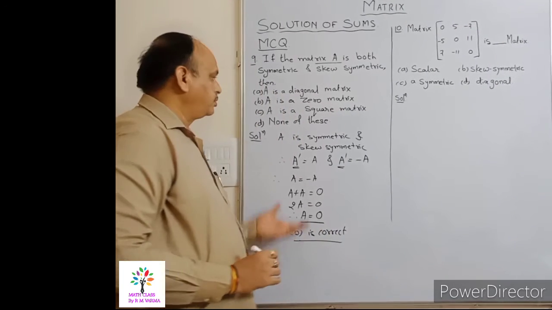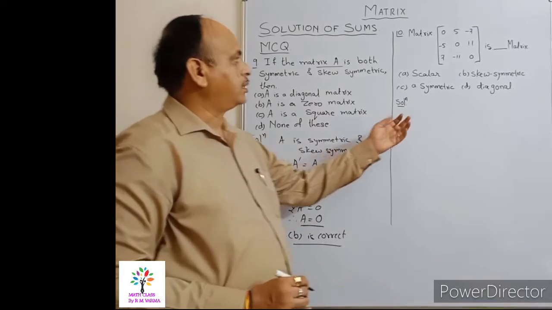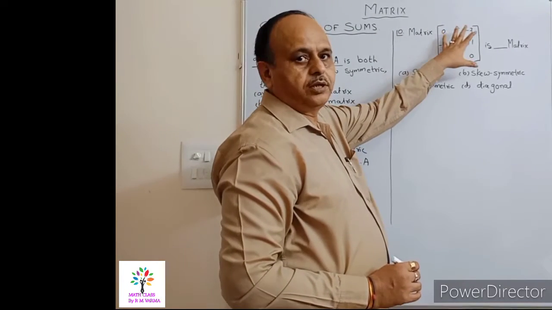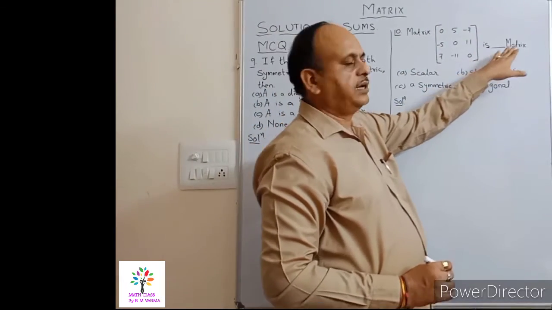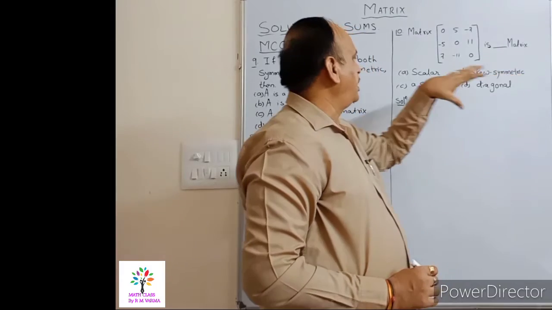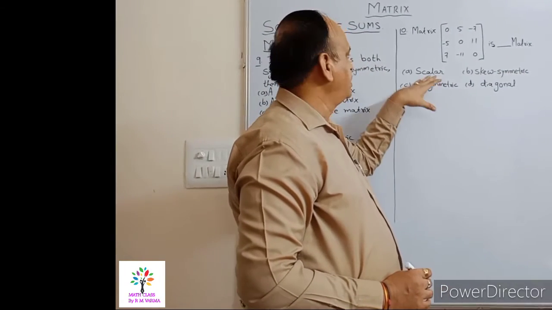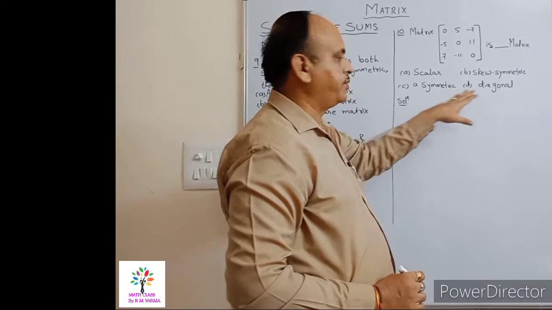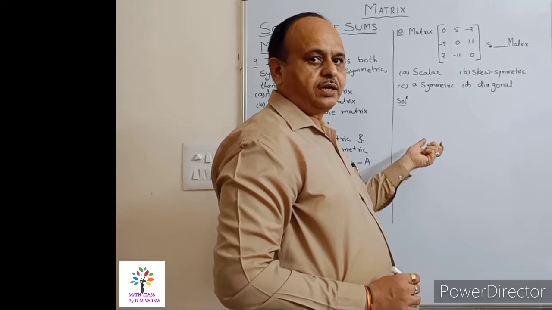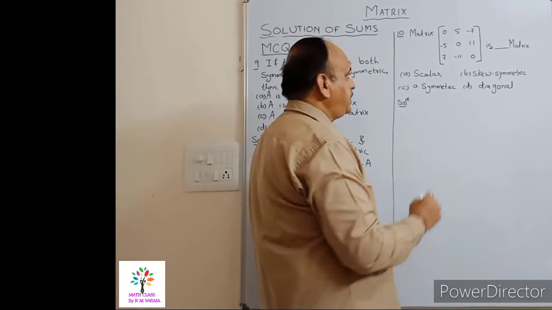Right? So, simple one. Now, another 3 by 3 matrix is given, and options are there: scalar, skew symmetric, symmetric, a diagonal. Which one is correct? Let us find out.